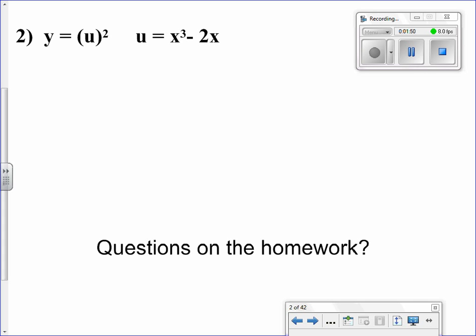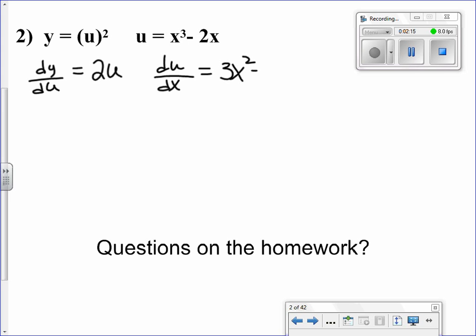So what did you get for this derivative? Now, I just want to know what we should call this derivative. dy du, right? Because y is a function of u instead of x, so it's dy du. And what about the other one? I can't believe you did it this way. I'm impressed.